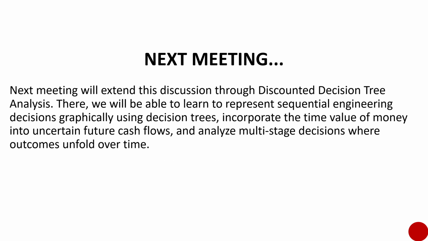All right. And right now, for the next meeting before we end the discussion, we're going to discuss the discounted decision tree analysis. And here we'll be able to represent sequential engineering decisions graphically using decision trees. We will also incorporate the time value of money into uncertain future cash flows and analyze multi-stage decisions.